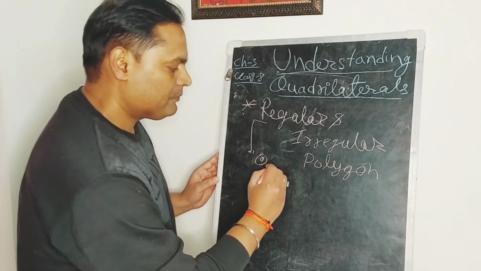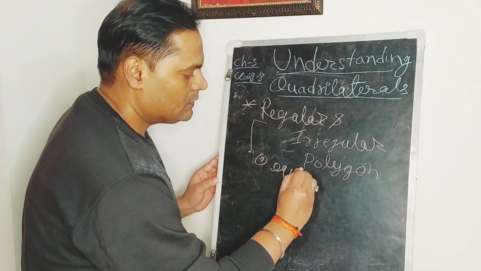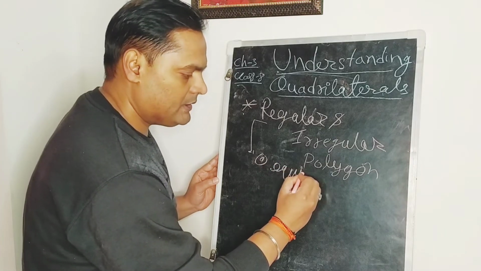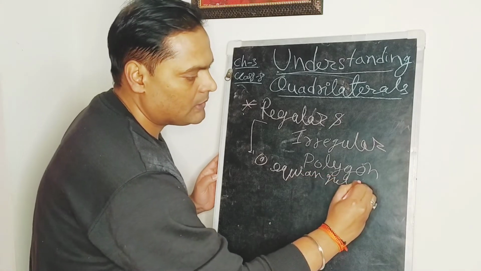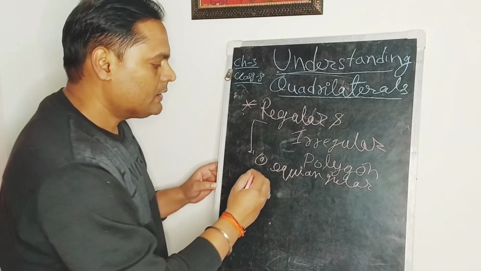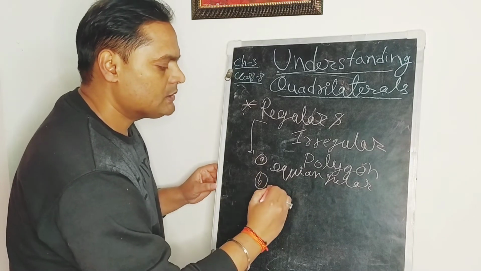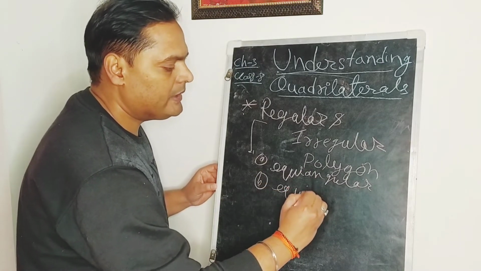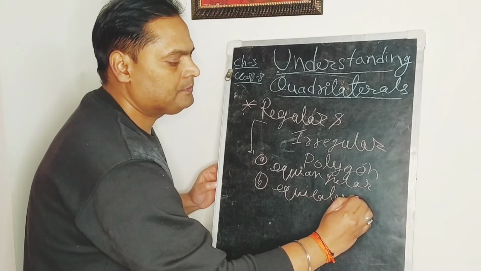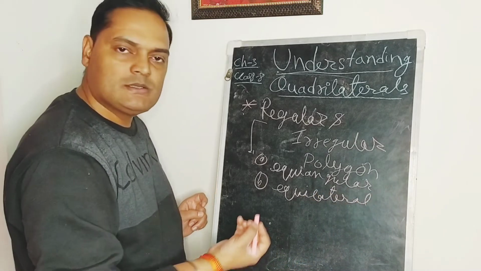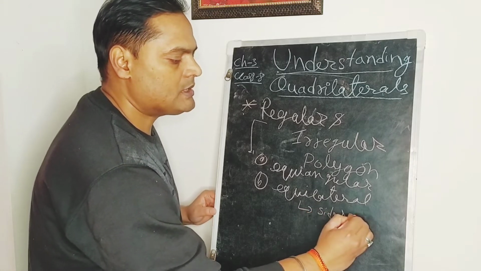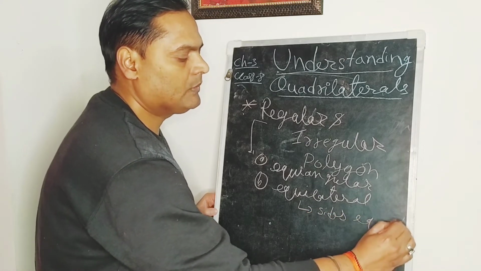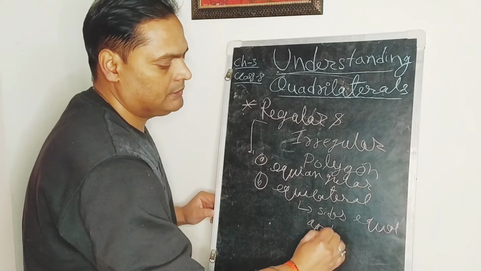If it is equiangular, and the second point is equilateral. Equilateral is nothing but equal sides of a polygon.